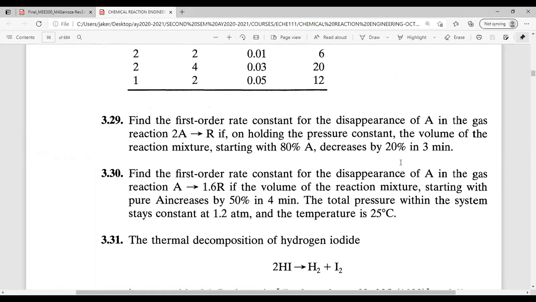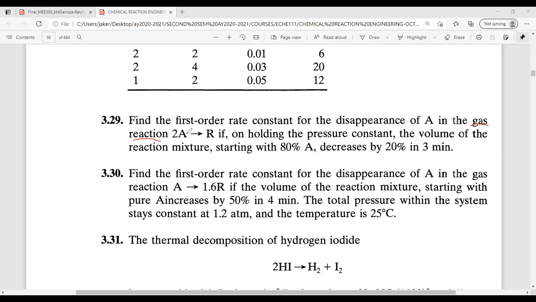Okay, and by the way, the problem is just a single statement. Find the first order rate constant of the disappearance of A in the gaseous reaction. That in itself will tell you that you are not to assume constant volume, because it's gaseous.